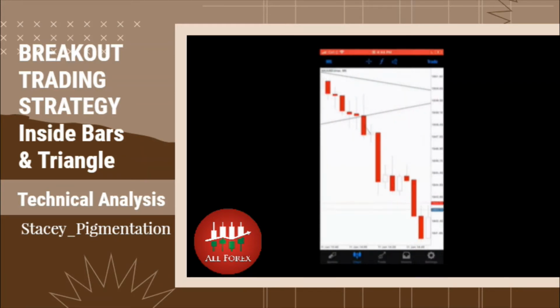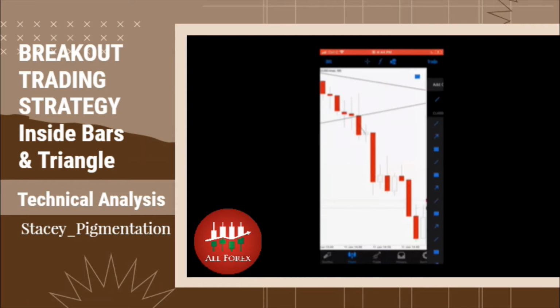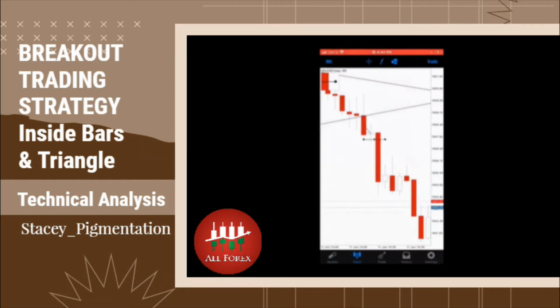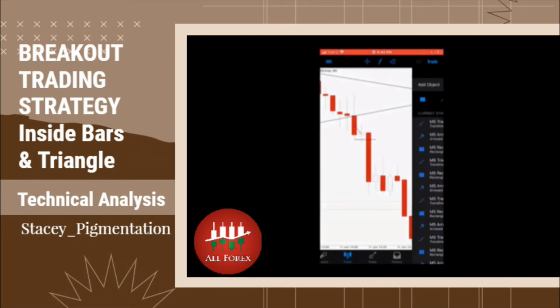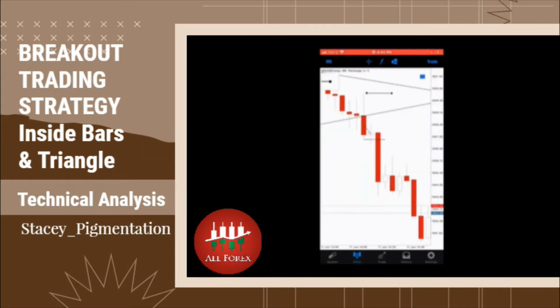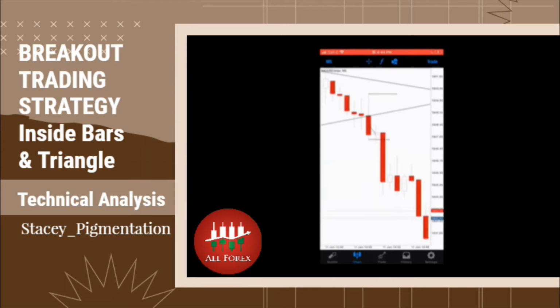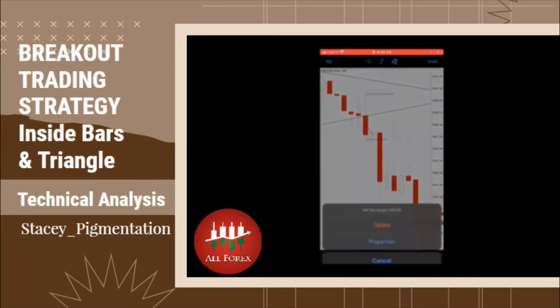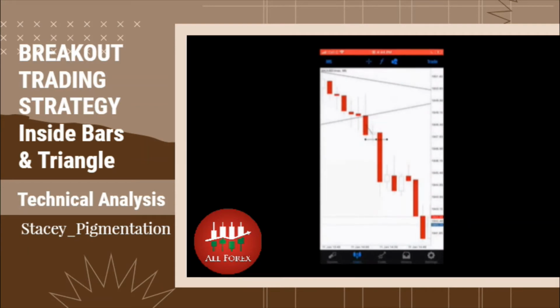Remember I said to identify an inside bar, the baby bar should be within the low of the mother bar and the high of the mother bar. So the body is still inside there, so it means that's an inside bar pattern. So since we're dealing with a bearish inside bar pattern, I'm only going to be focusing on the low of the mother bar.